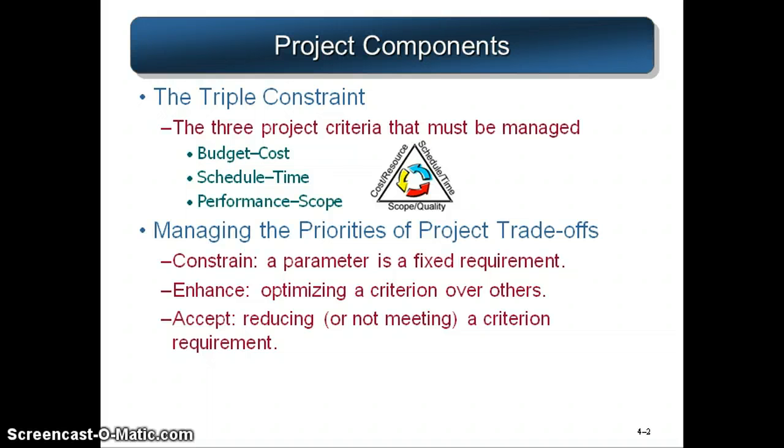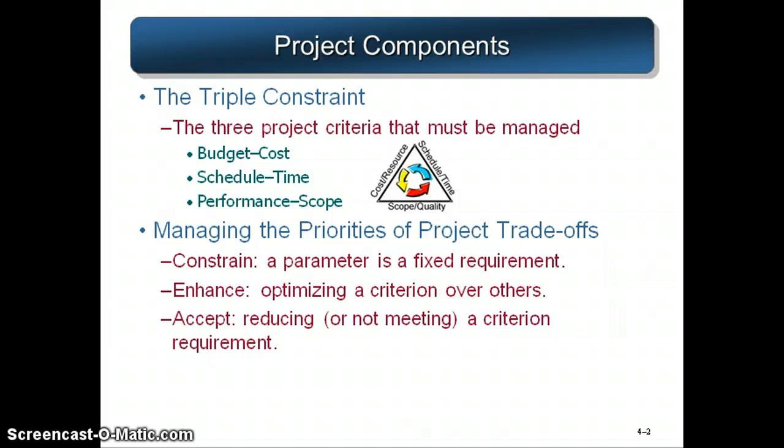So there are three project criteria that are used to understand what the priorities are for each of these components: cost, time, and scope. The first one is constrain. If a particular component is constrained, that means it is fixed. It cannot be changed due to some criteria that the customer has given to the project manager.